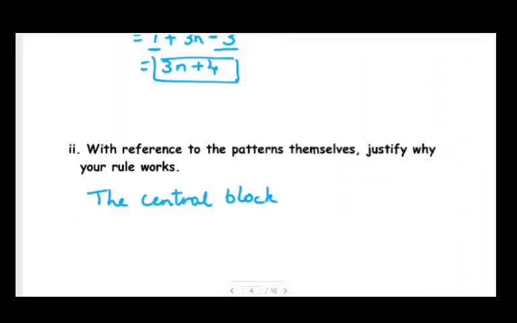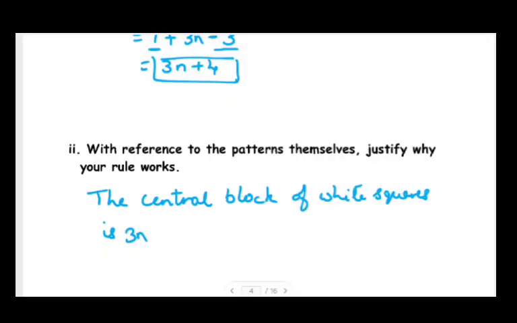Every time a column of 3 gets added, so the central block of white squares is 3n, which is this bit.